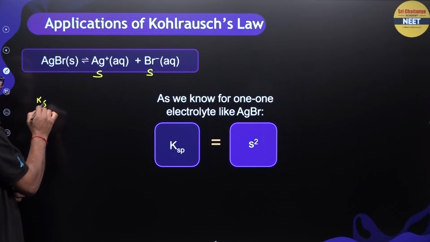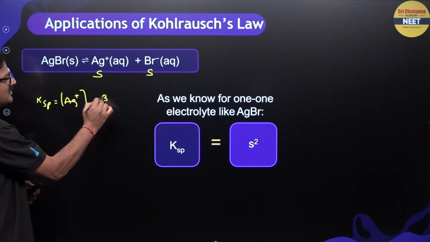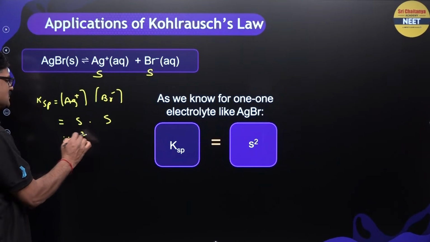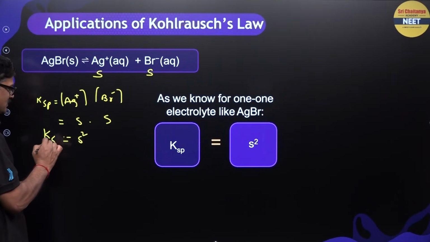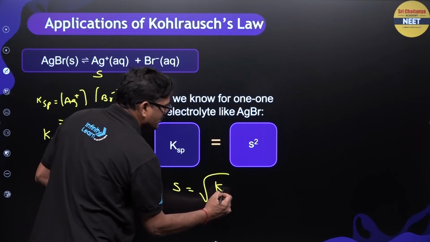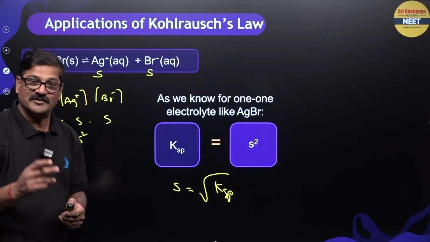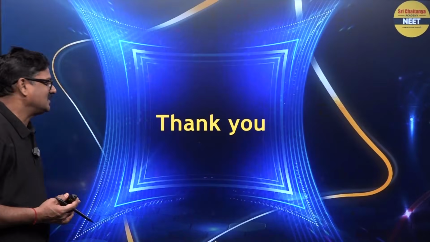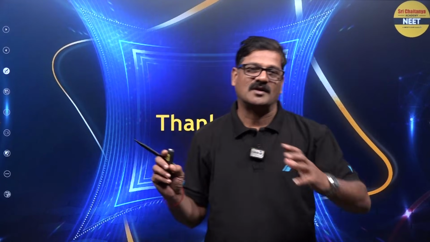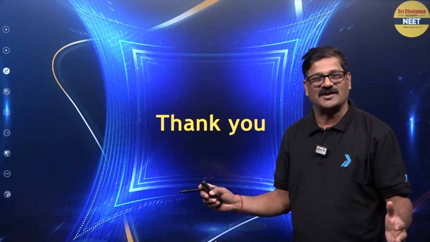So Ksp is equal to Ag plus times Br minus, which is S times S, equal to S square. Ksp is equal to S square, so solubility is equal to root over Ksp. Where do you get this solubility? You can get it from the limiting molar conductance, and this is the best way to use Kohlrausch and other concepts in NEET as well as board.